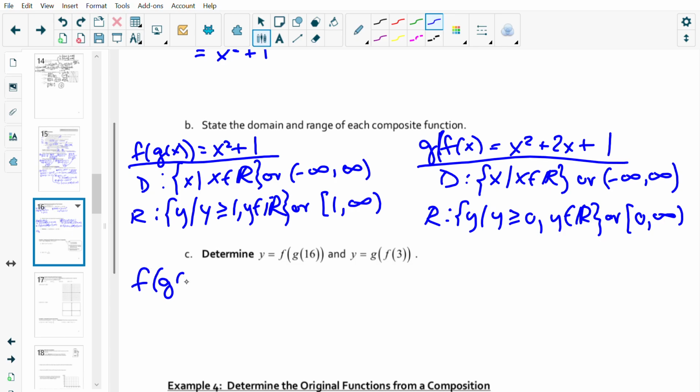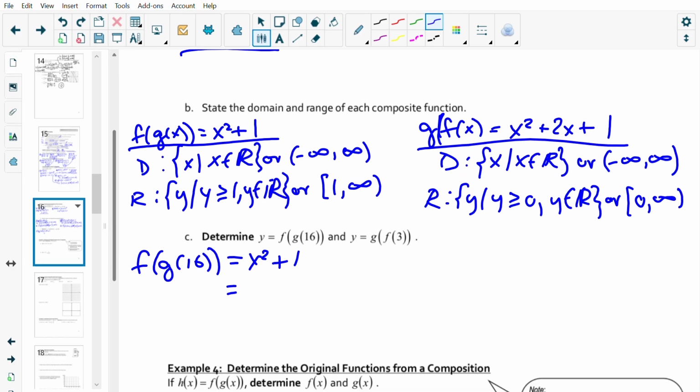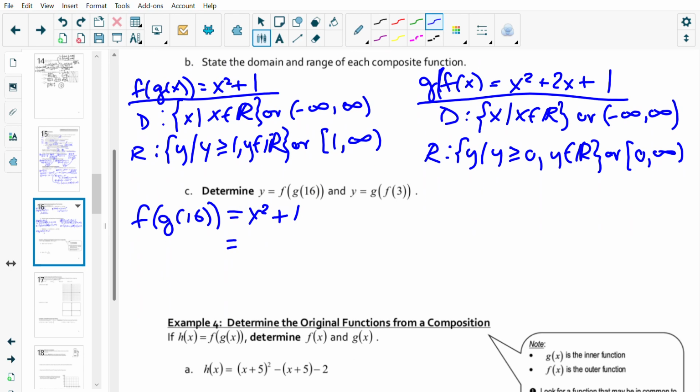Letter C, determine f of g of 16. So f of g of 16. I'll take my composed function, x squared plus 1, and we'll plug in 16. And I get 257. g of f of 3.